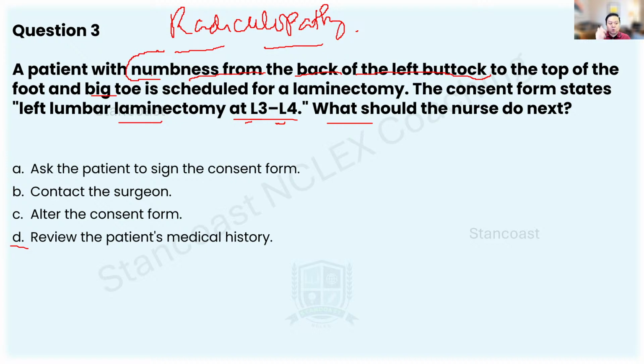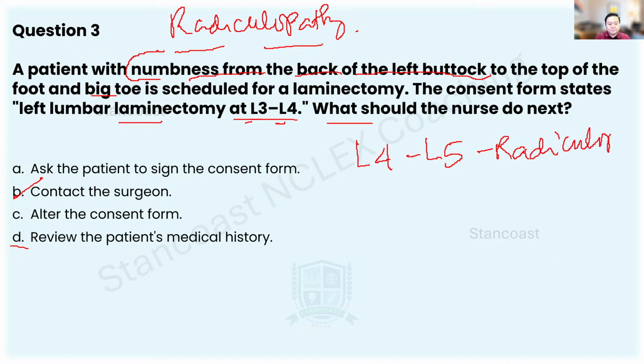The goal of this question is to make sure you identify what to do next, right? We are going to contact the surgeon, because the manifestations that the patient is displaying signify radiculopathy in levels L4 and L5.